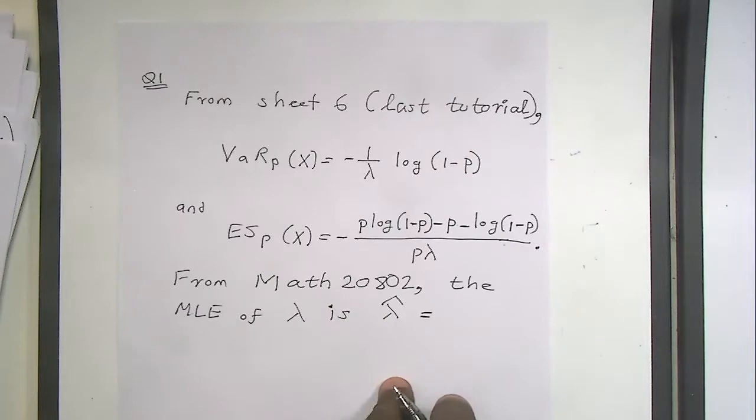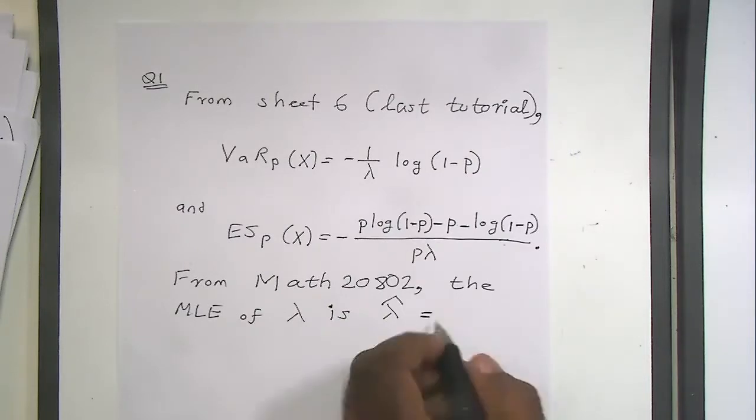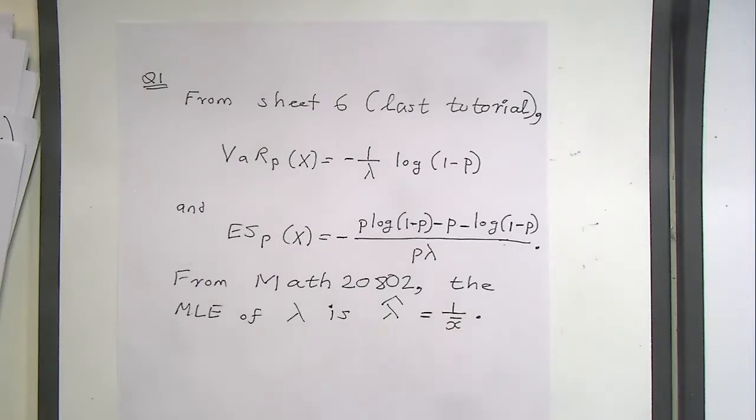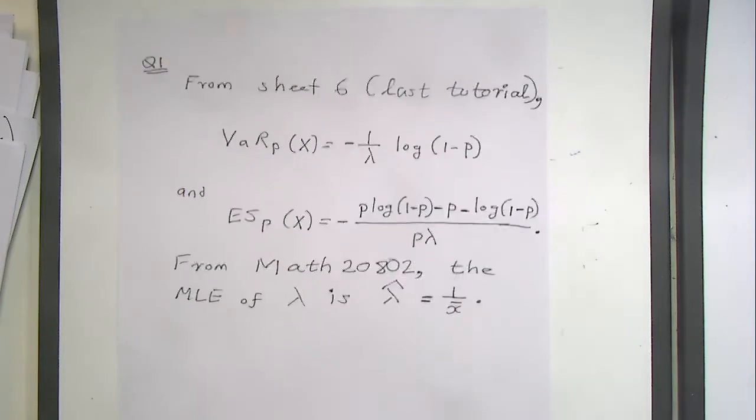What's the ML estimate for lambda? It is 1 divided by x bar. If you don't know how to derive this, if you haven't taken my course, statistical methods, you can look at the link I sent to you on Sunday.